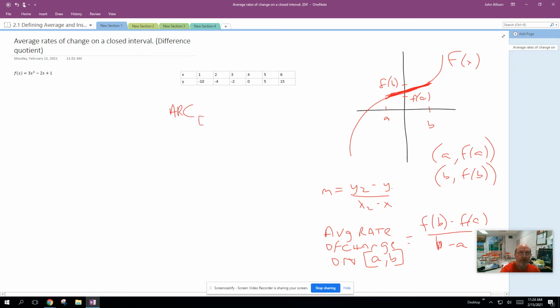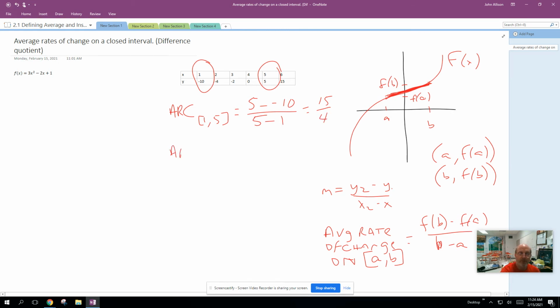Let's say on the interval from 1 to 5. Well, we're given a point at 1 and a point at 5. And so that's going to be the y value at 5 minus the y value at 1 over the x value 5 minus the x value 1. So in this case, it's going to be 15 over 4.